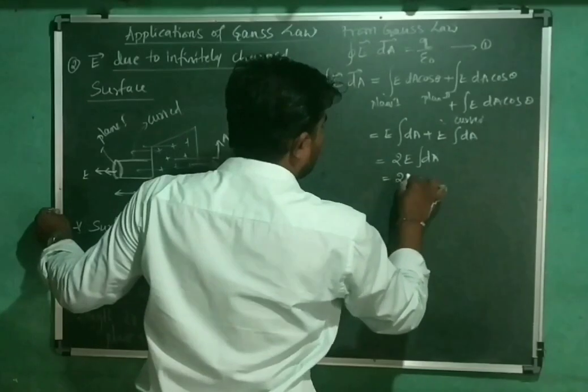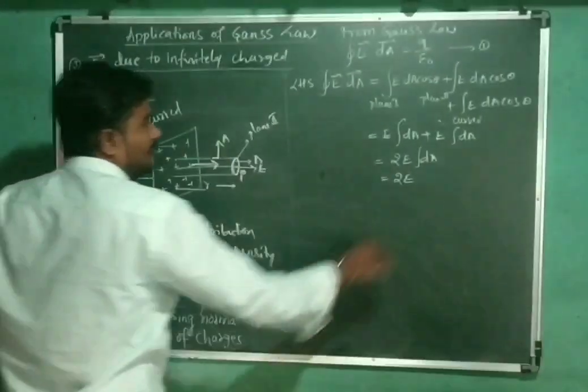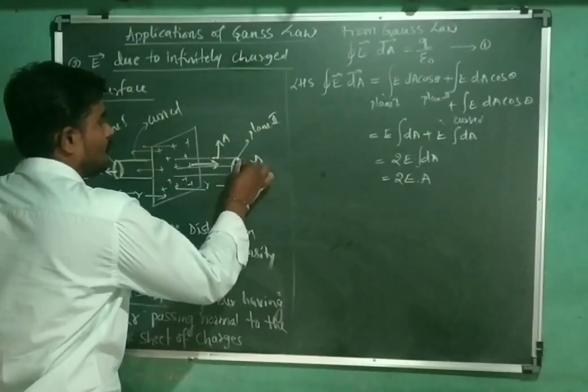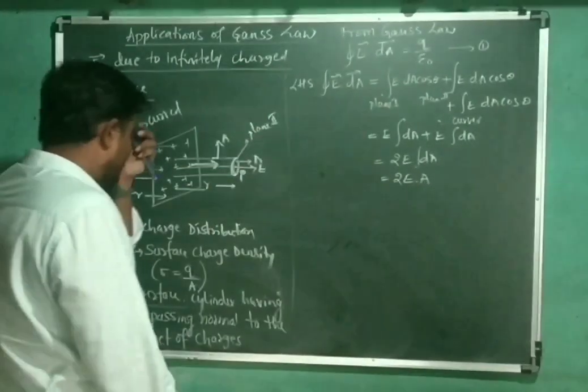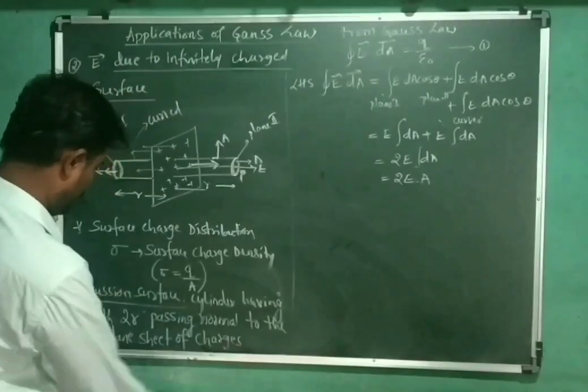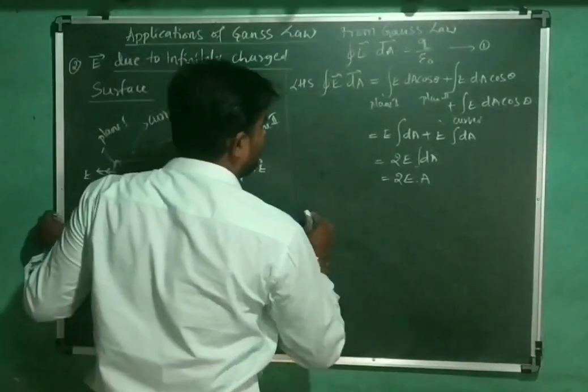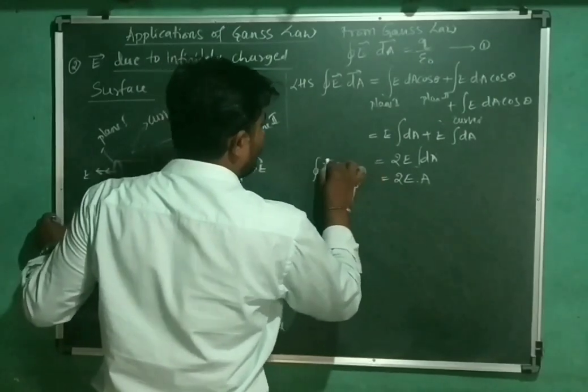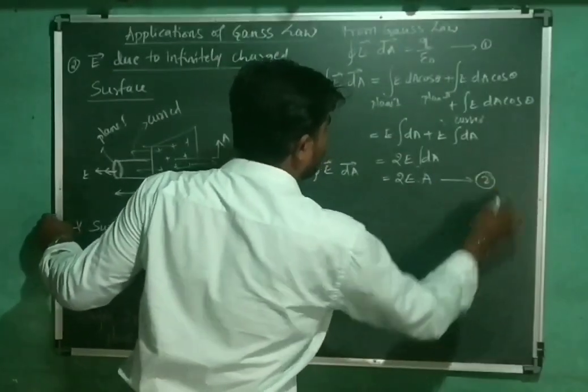This dA is what? Actually A. Because this cylinder you have considered, it has area how much? A. So this is LHS part. E into dA is equal to this much. Let us call it as equation 2.